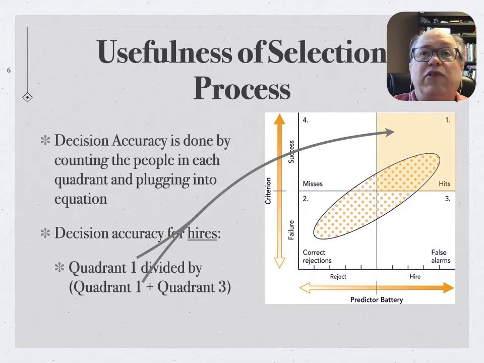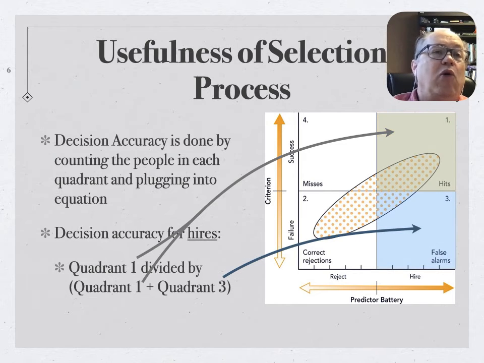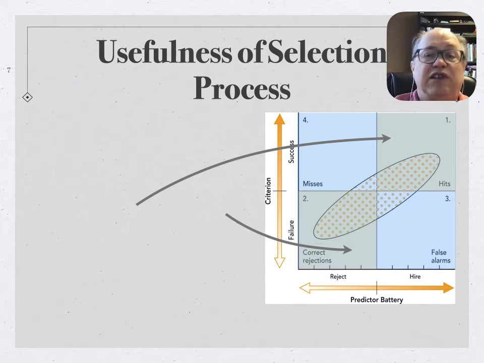So quadrant 1 is divided by quadrant 1 plus quadrant 3. We take only quadrant 1, put it in the numerator, and then take the denominator that's composed of quadrant 1 and quadrant 3.